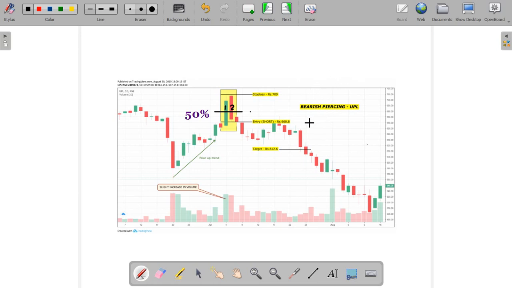Fine. So this piercing is a strong pattern. This is a very strong pattern, right?